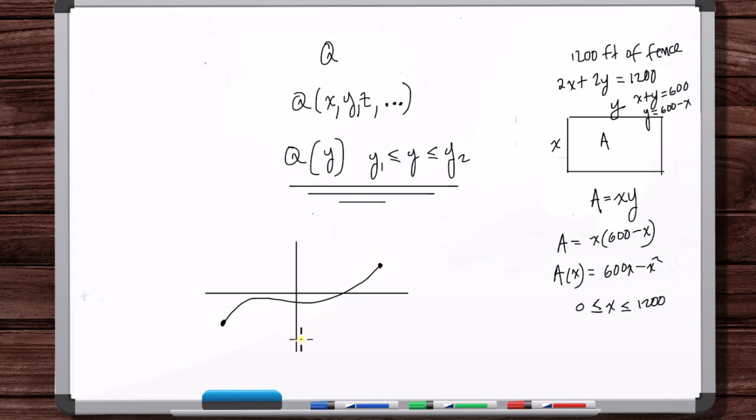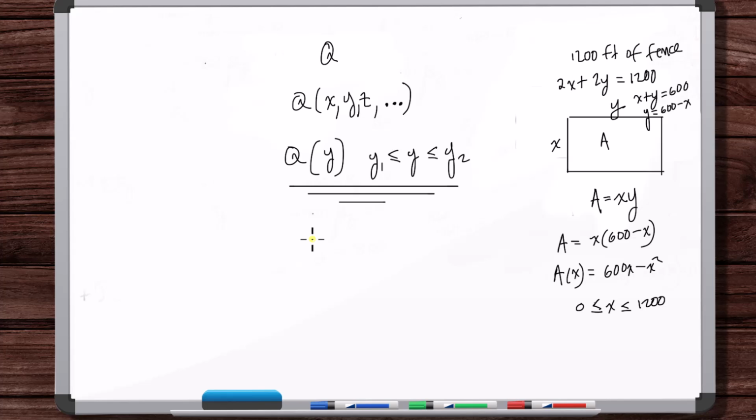If you had a discontinuity, or if one of the endpoints is open, you take the limit as x approaches the endpoint from the left. I talk about ways to analyze all types of functions for absolute maxes and mins. So make sure you watch that video, and that will give you more versatility whenever you're solving an optimization problem and you get your final function and any kind of domain, not just one with a closed interval.